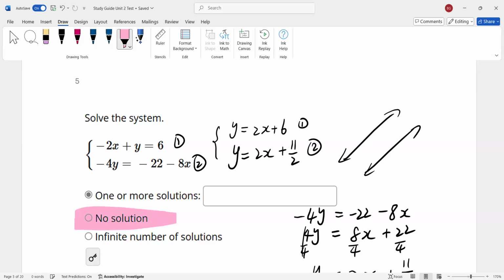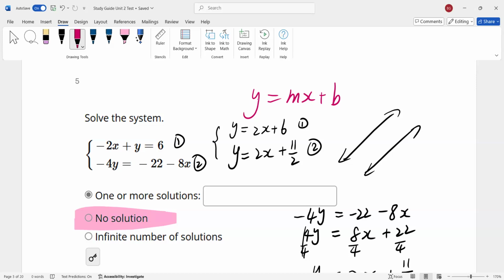For the problem in the actual test, I'm not sure which case it is. You have to figure it out. How do you figure it out? You rewrite the 2 equations in slope-intercept form, y equals mx plus b. If the 2 equations have different slopes, you are expecting one solution, and you figure out its coordinates.